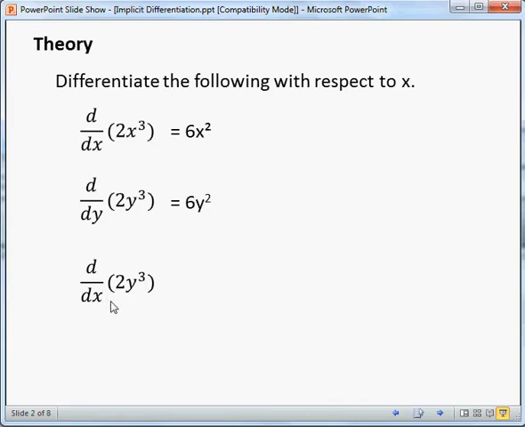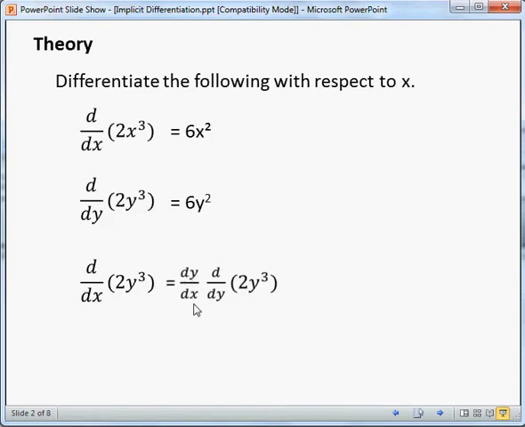So one way you could think about it is I really need to differentiate this with respect to y, because y is my variable. So if I do dy/dx times d/dy, if I cancel out the dy's, I'll just have d/dx. So that's the same idea.